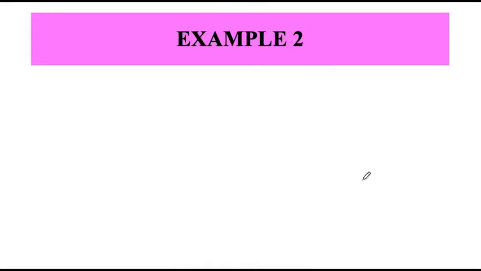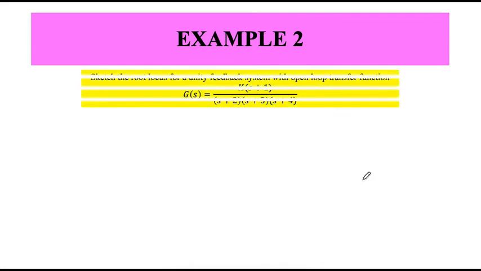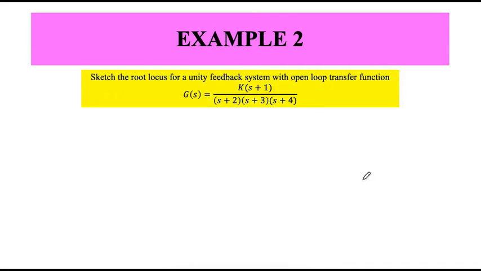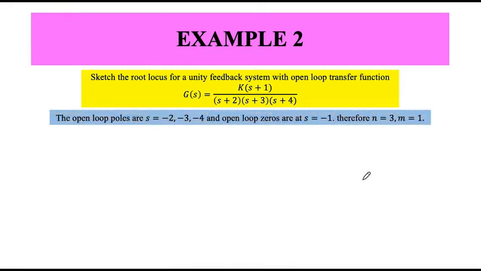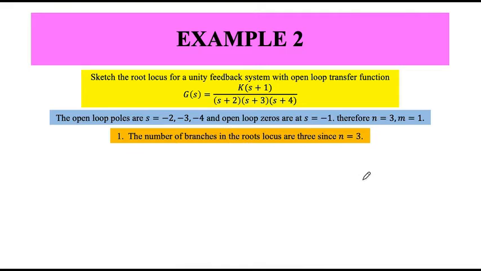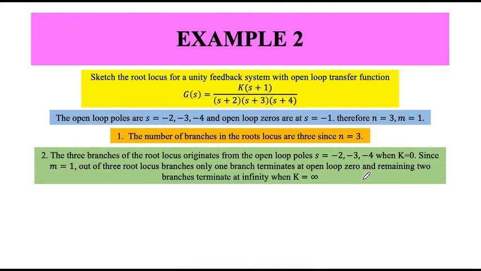So let's do a sketch of the locus for this. I have again poles at minus 2, minus 3, minus 4 and a zero at minus 1. Again the number of branches in the root locus would be the number of poles, that is 3, and of these 3 branches, one will go to the zero at minus 1 and the other two go to infinity.